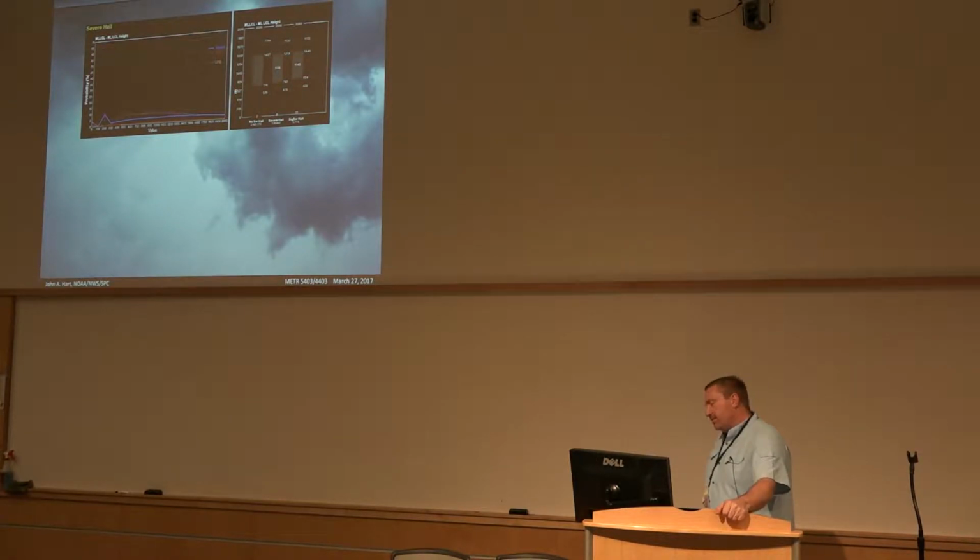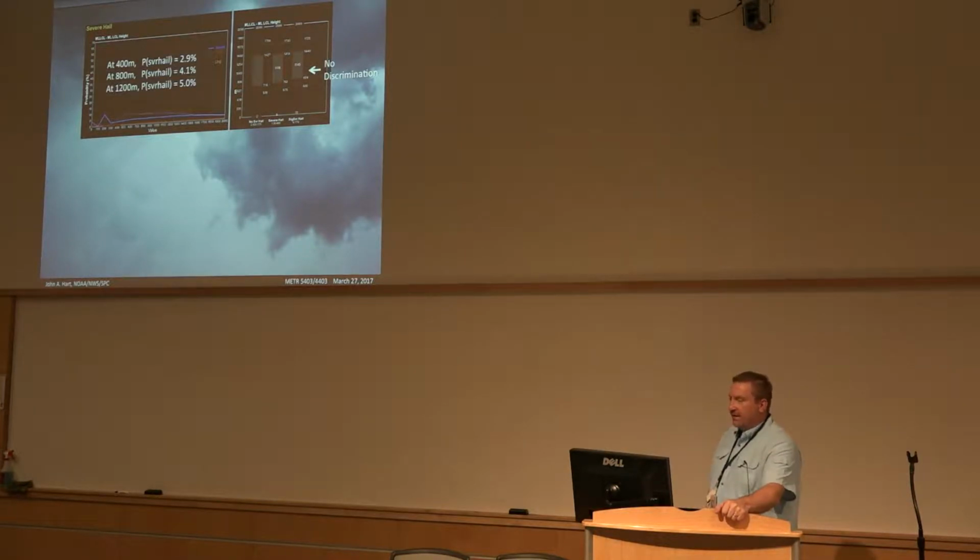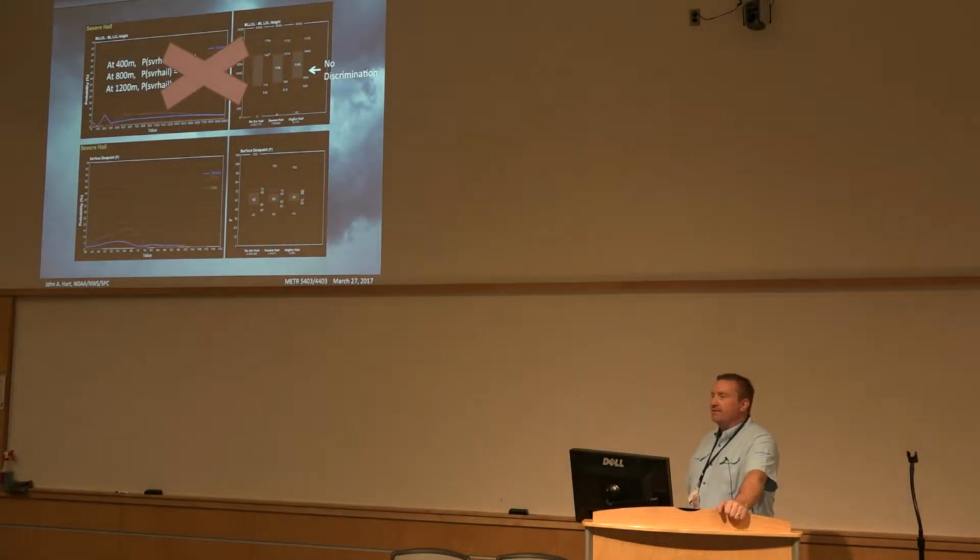If you look at the BoxWhiskers, they all overlap. There's no discrimination between cases with no severe hail and SIG severe hail, so forget that. The probabilities hardly change at all, and it doesn't make sense that they would anyway. That is not a good parameter to use if you're trying to forecast severe hail.